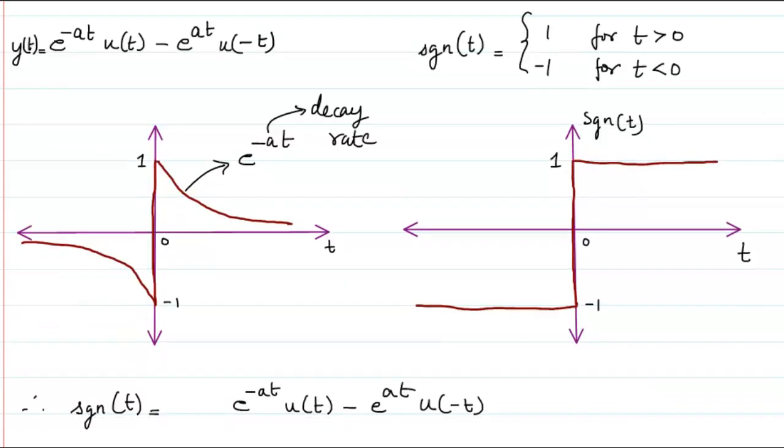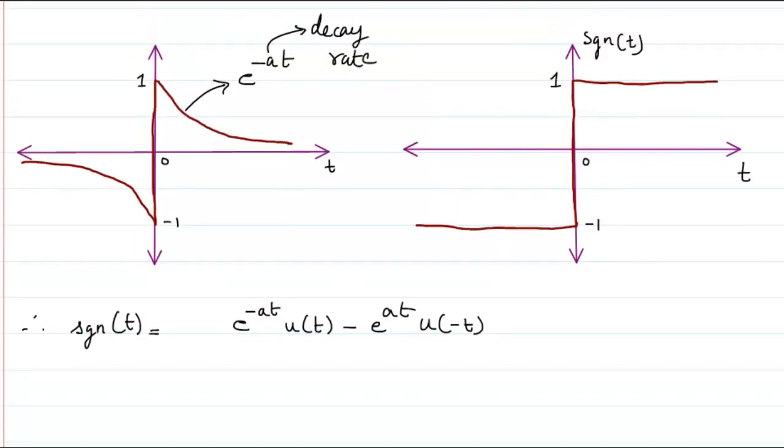So it is basically this, but with the decay rate approaching 0, which I can write as limit a tending towards 0. So this is my Signum function.